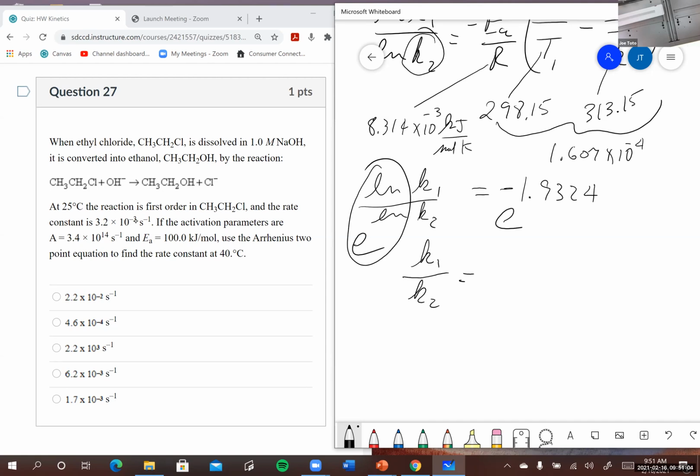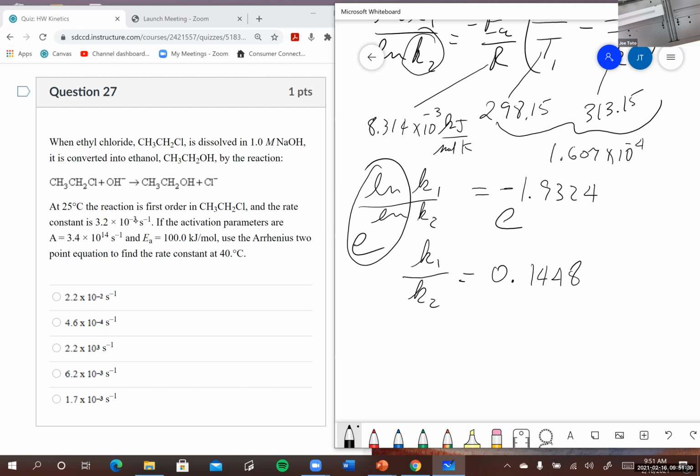It's like multiplication is the inverse function of division. If you multiply something by 2, you get something, and then you divide it by 2, you get the original number back. So it's just an inverse function, this e. And so when I do that to the other side, I get 0.1448.